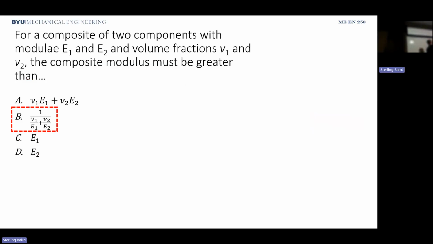We're assuming isostress, so each of the stresses, the sigmas for the matrix and the disperse phase, are equal. Once we know that, we can look at the strain. The composite strain is equal to the strain of the matrix times the volume fraction of the matrix plus the strain of the disperse phase times its volume fraction.